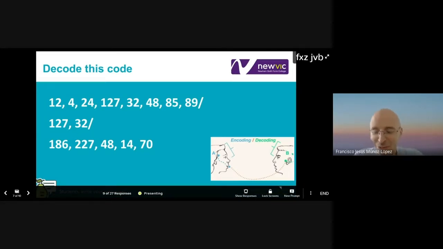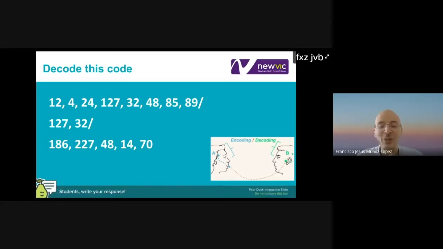The little clue I'm going to give you is you can use the periodic table. You should use the periodic table. You have some numbers there for each element. Have a think. So, for example, number 12. Try to find it in the periodic table.